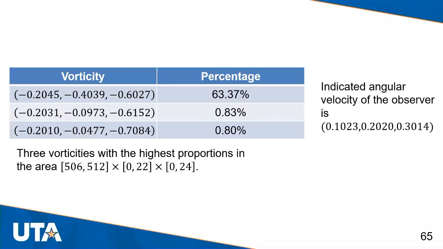We also get the estimated observer's angular velocity 0.1, 0.2020, 0.3014, also very close to the real 0.1, 0.2, 0.3.